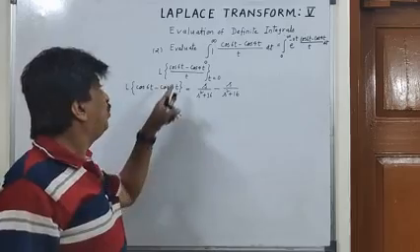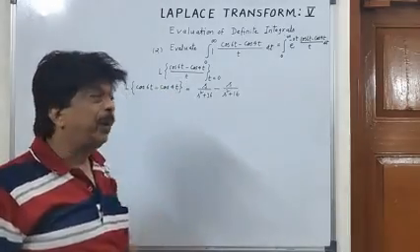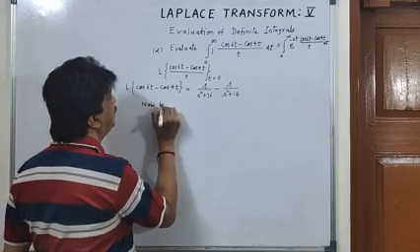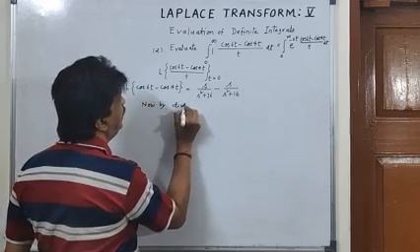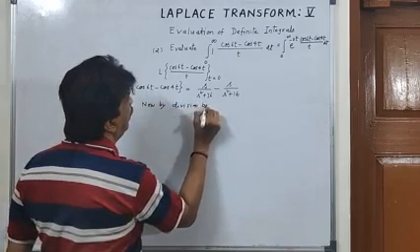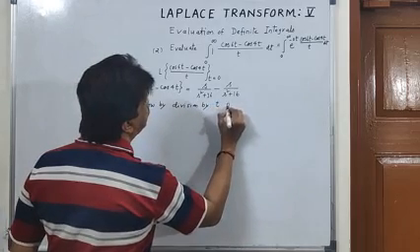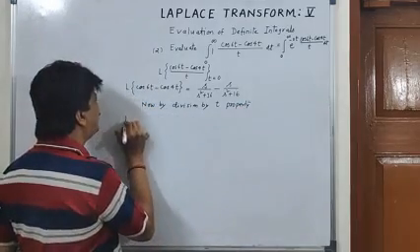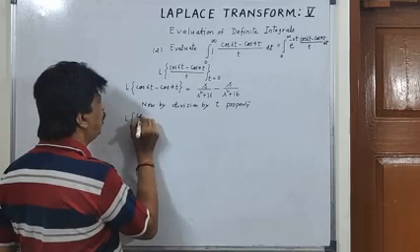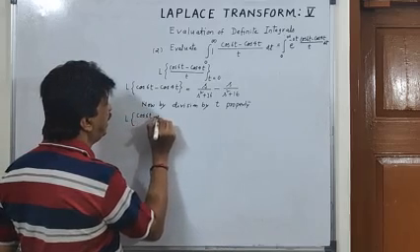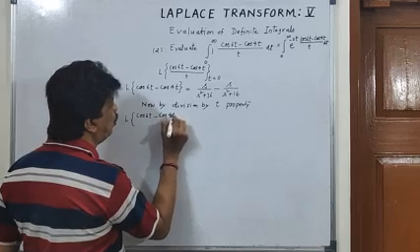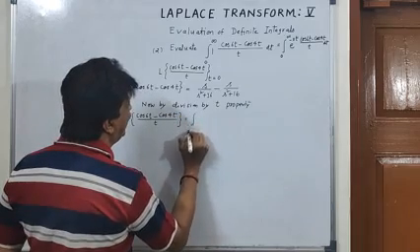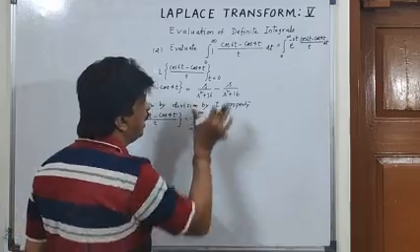Now, I would be using the division by t property. By division by t property, Laplace transform of (cos of 6t minus cos of 4t) upon t becomes integral s to infinity f of s ds.